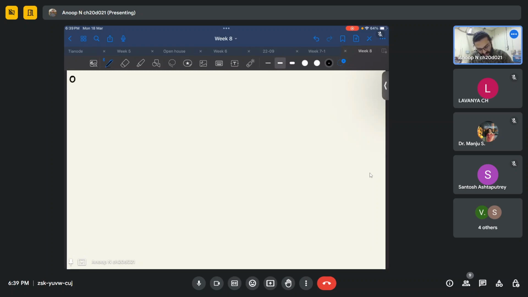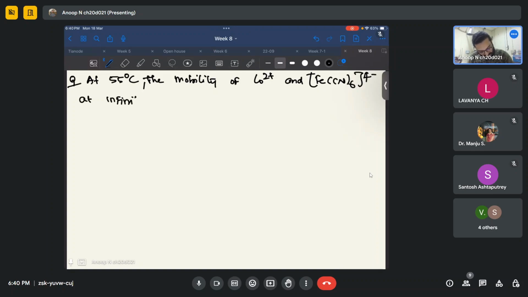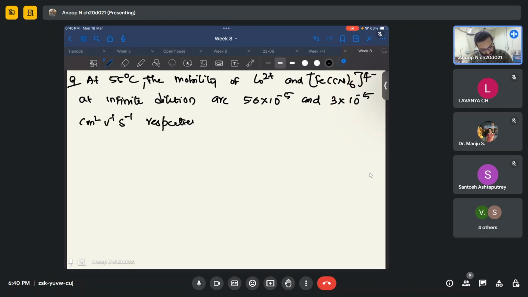This is an interesting question. At 55 degrees centigrade, the mobility of Co2 plus and Fe(CN)6 4 minus at infinite dilution are 5.6 into 10 raised to minus 5 and 3 into 10 raised to minus 5 centimeter square volt raised to minus 1 second raised to minus 1 respectively.